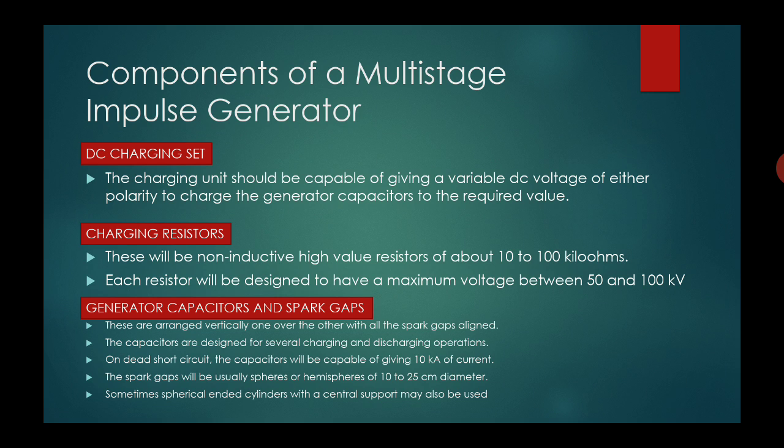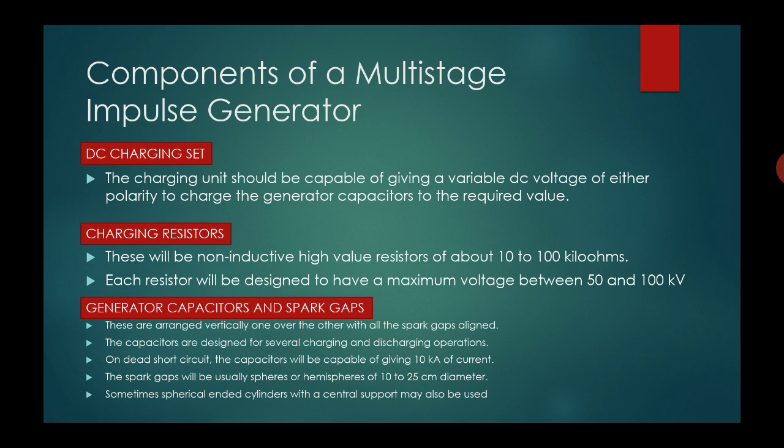The third part is the generator capacitors and spark gaps. These are important parts of the multi-stage impulse generator. They are arranged vertically, one over the other, with all the spark gaps aligned. The capacitors are designed for several charging and discharging operations.